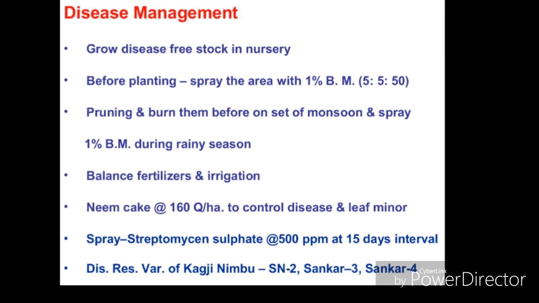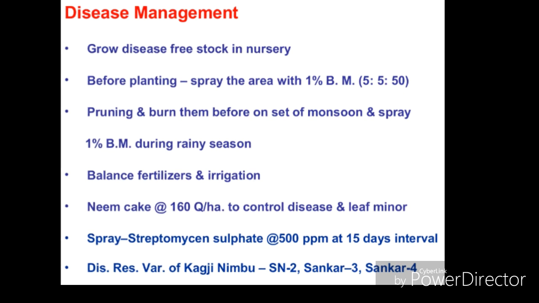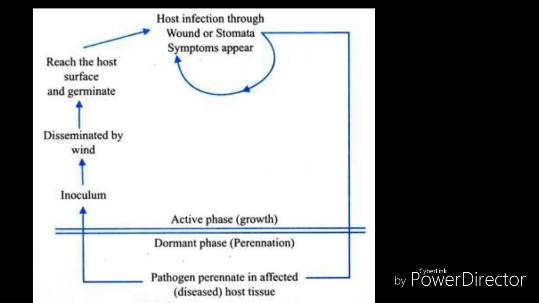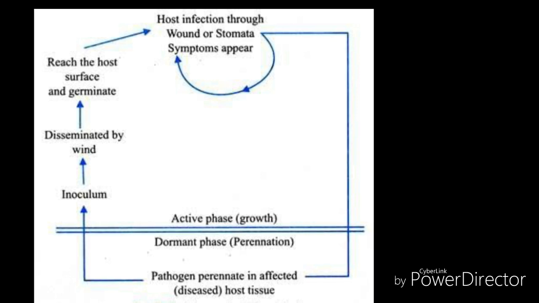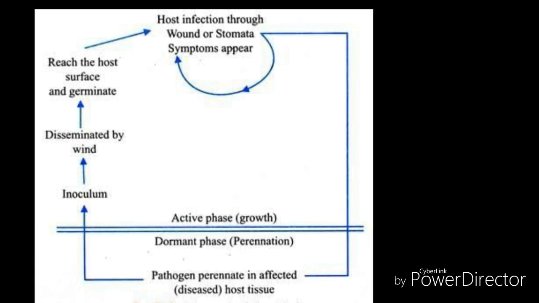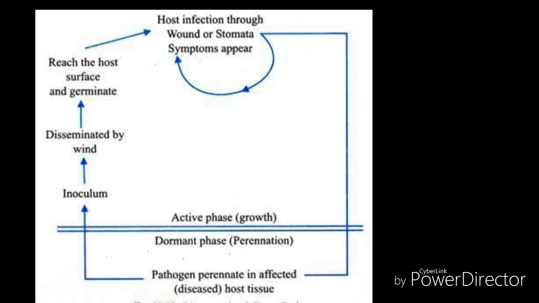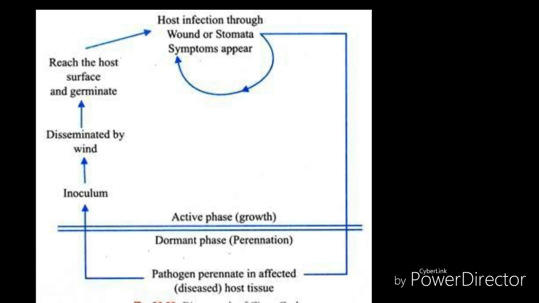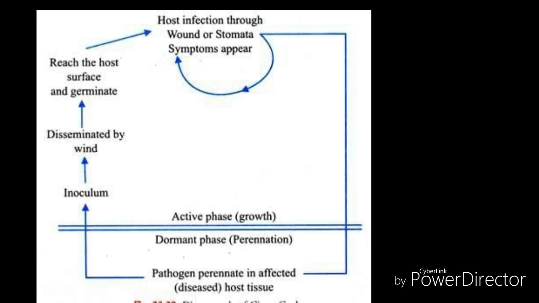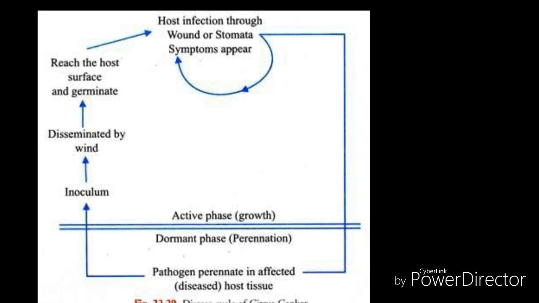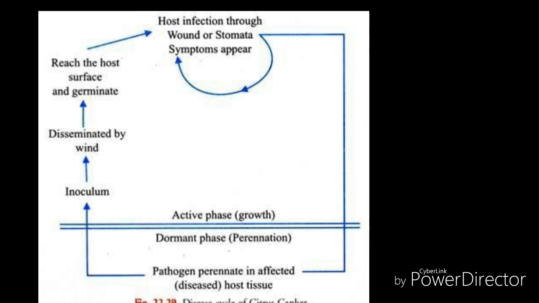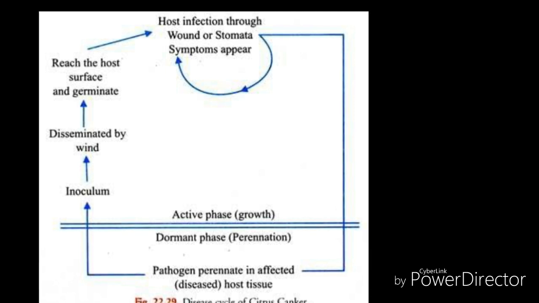Now we come to the part of the life cycle. As you can see on the upper side of the slide, host infection happens through wounds and stomata, then symptoms appear. Now the pathogen permeates the affected host tissue. By dissolving the middle lamella, it permeates the cortex. That will be the dormant phase.